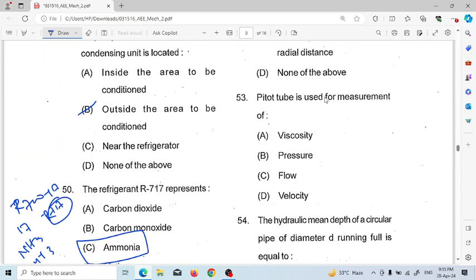Next, pitot tube is used for the measurement of velocity. This is the pitot tube, where this is the stagnation point where velocity is 0, and by measuring the height we can measure the velocity of the fluid.